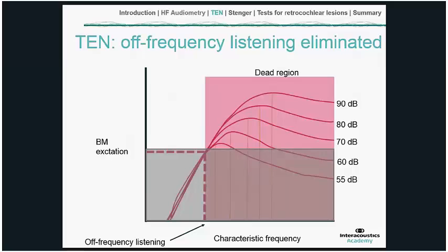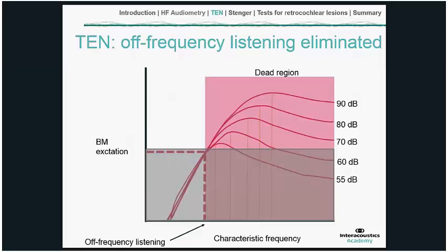So going back to the schematic, we now have the grey area, and that represents the TEN noise, the threshold equalizing noise. As you can see, the noise covers the activation from the place that was providing the off-frequency listening.